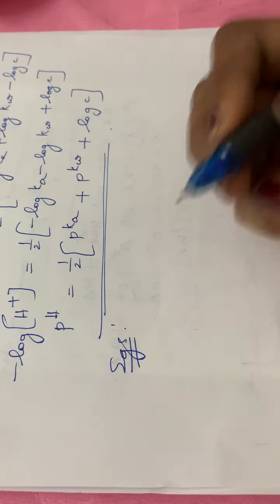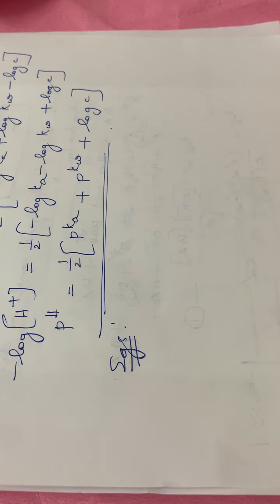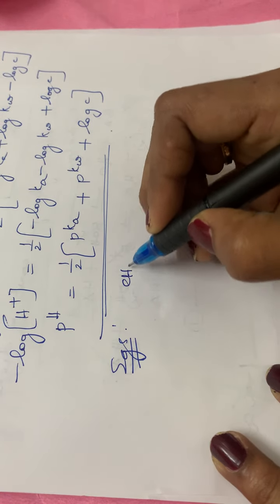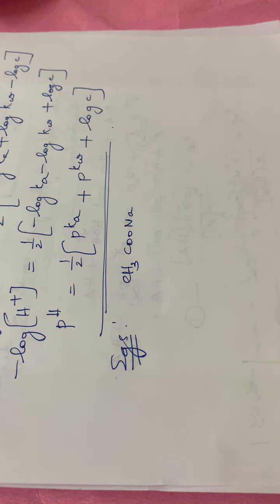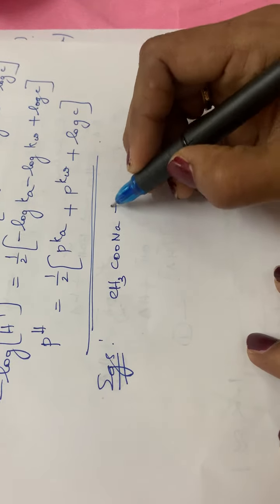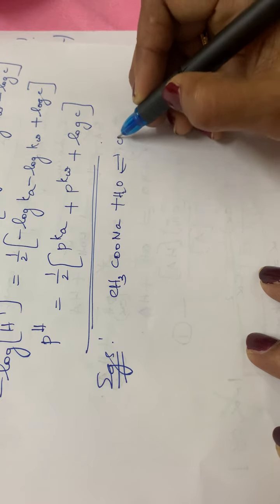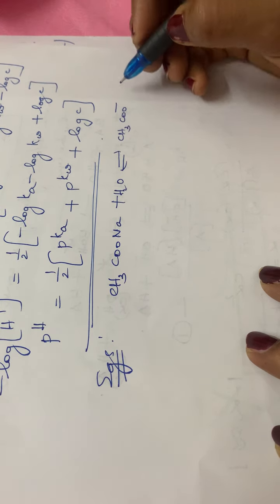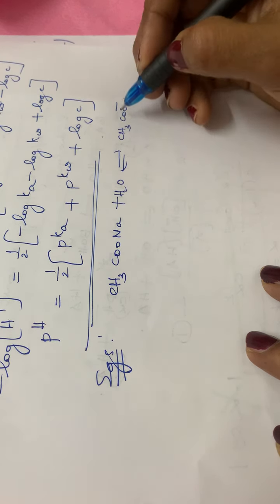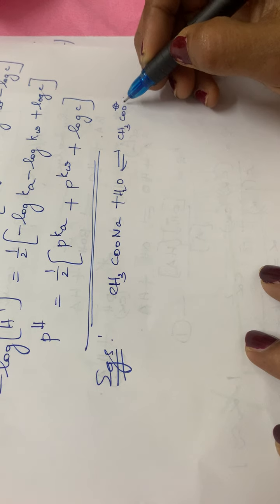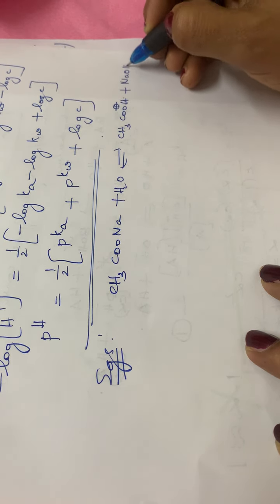Then coming to the examples for the salt of weak acids and strong bases. That is, for example, sodium acetate, CH3COONa. So here the CH3COONa will be in water. It will be reacting with water to form CH3COOH plus NaOH, isn't it?